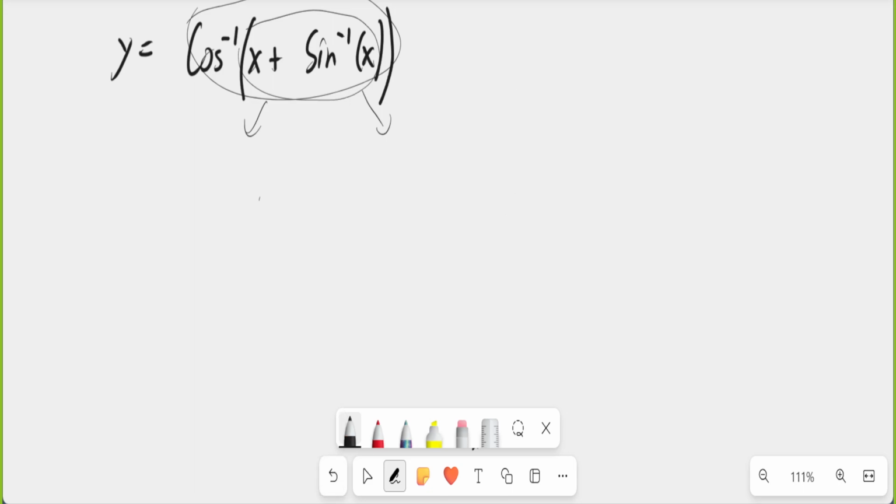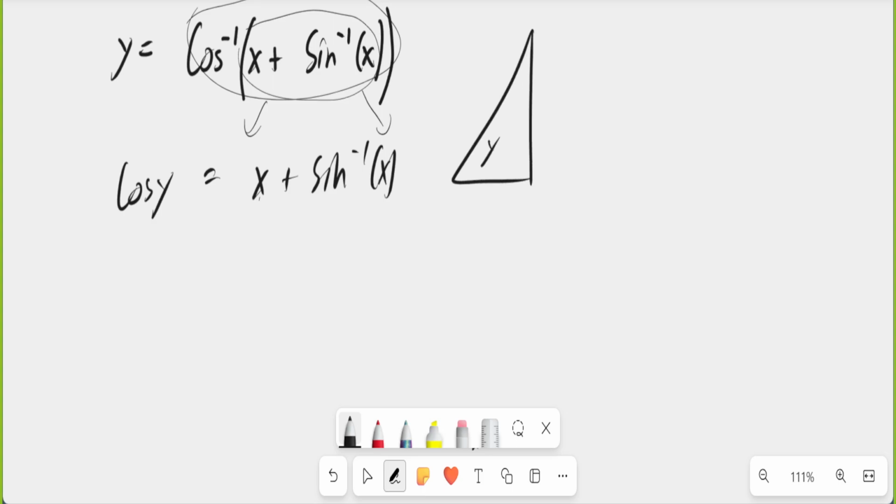So you can always use the chain rule here, but I'm thinking maybe it does work. Let's see. Cosine y is equal to x plus sine inverse x. So we have a triangle. This is the reason I didn't want to make a triangle, because there's sine inverse in the triangle. I don't think that's a problem, but it's also just more work when you could just use the chain rule.